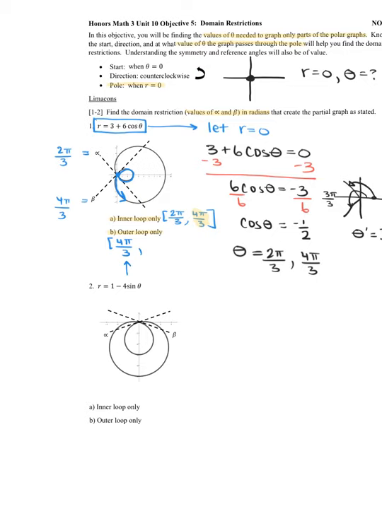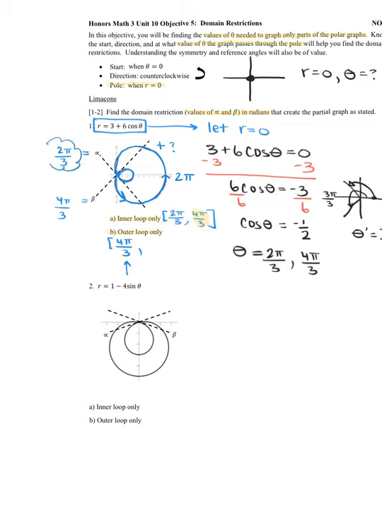It's still graphing the outer loop, and then it's going to get to here, which is at 2 pi, and then it's got to keep going, right? Because I haven't graphed the whole outer loop, I've only graphed that bottom half. So I'm going past 2 pi. I need to figure out what do I add to 2 pi? How far past 2 pi am I going to go? I'm going to keep going until I get back to the inner loop section. Well, how far was that?